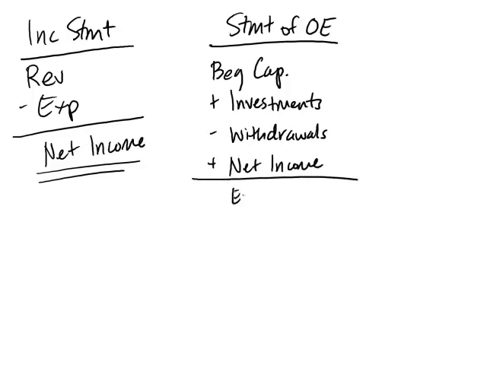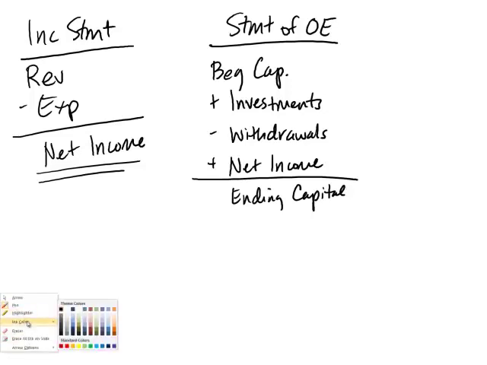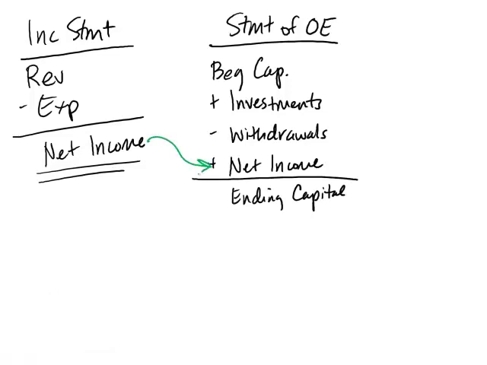And that's going to give us ending capital, which should be the $26,050 that was his ending on our little spreadsheet. Okay, and remember that this flows through to here. So you got to get the income statement right to get the statement of owner's equity right.